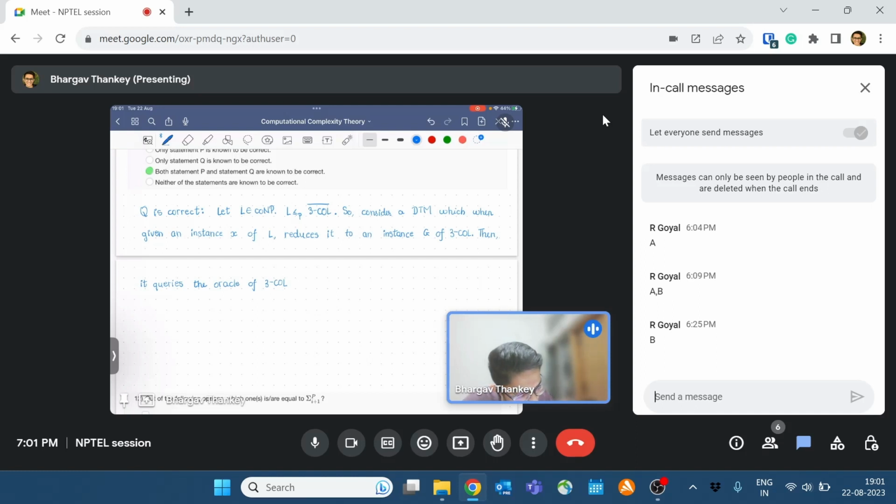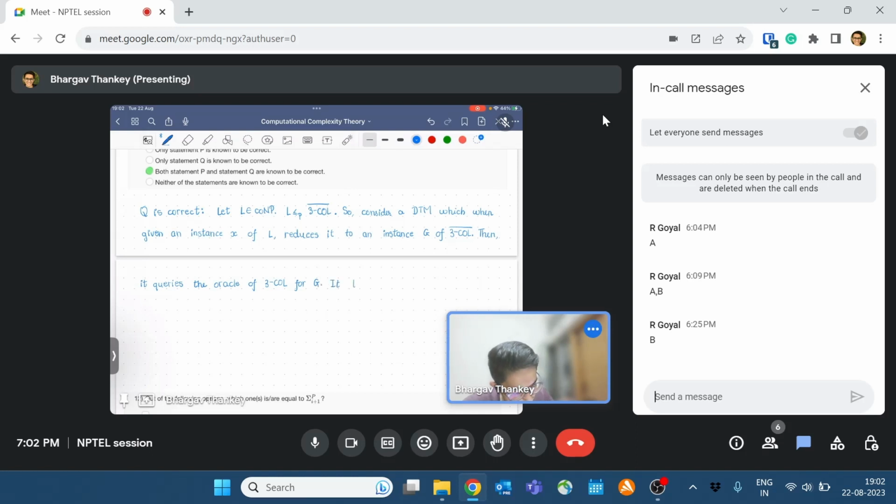The reduction is from L to three color complement, right? So G is an instance of three color complement, but G is just a graph, so it's also an instance of three color. So it queries the oracle of three color for G.